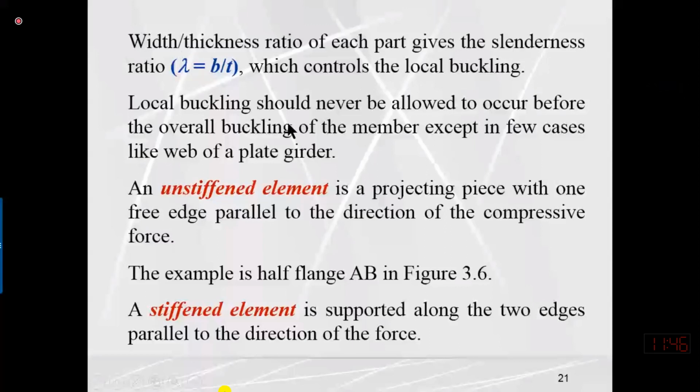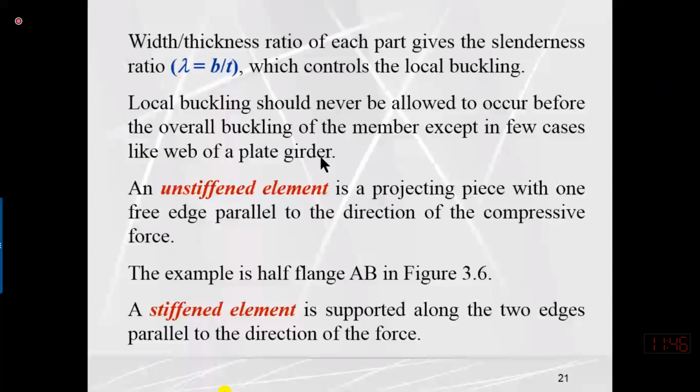Local buckling should never be allowed to occur before overall buckling of the member, except in a few cases like the web of a plate girder, which we will see in plate girder design. The AISC specification says there must not be any local buckling before overall buckling.